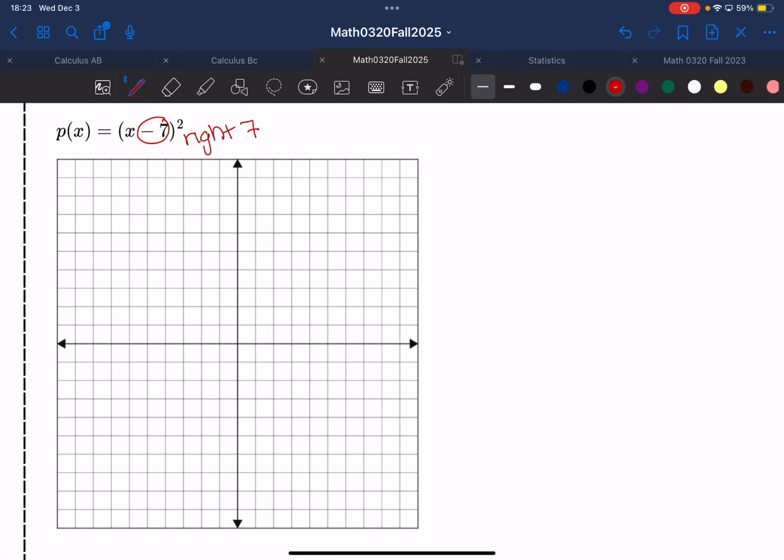And then if you feel confident in that one, you can do the other example, and then we'll go through both.